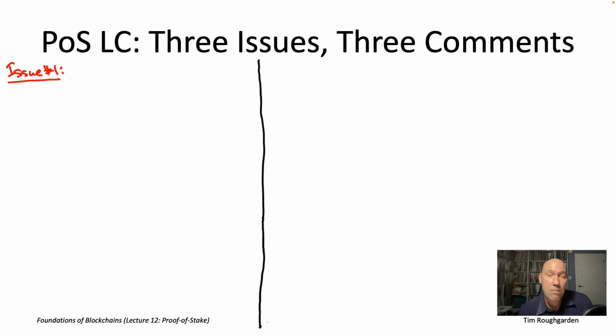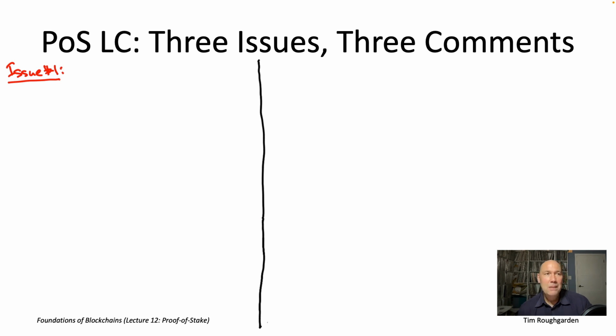As we saw back in our part 2 videos on VRF-based random sampling, and in the first half of part 3 when we talked about BFT-type consensus protocols, one big pain about VRF-based sampling, one of the real costs of getting that secrecy property, is you're stuck with a variable number of winners. So you can tune a difficulty parameter to target some number of winners of a VRF sampling lottery.